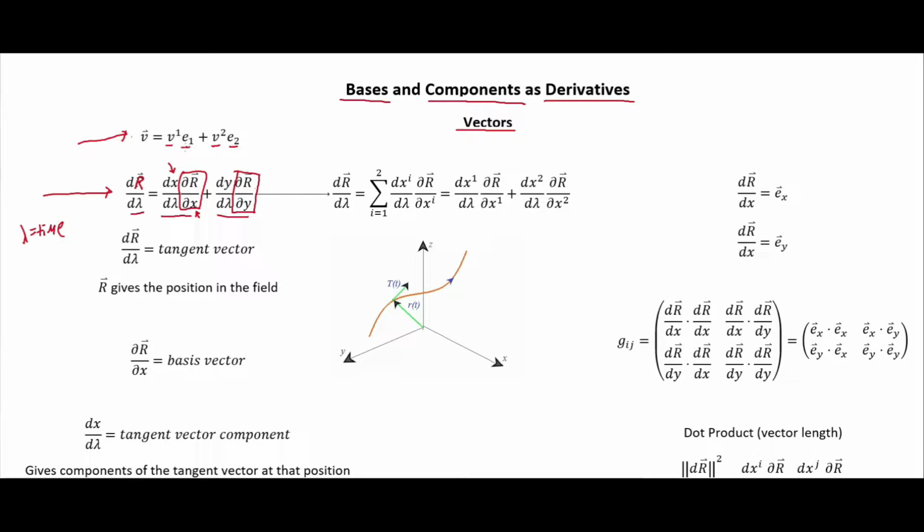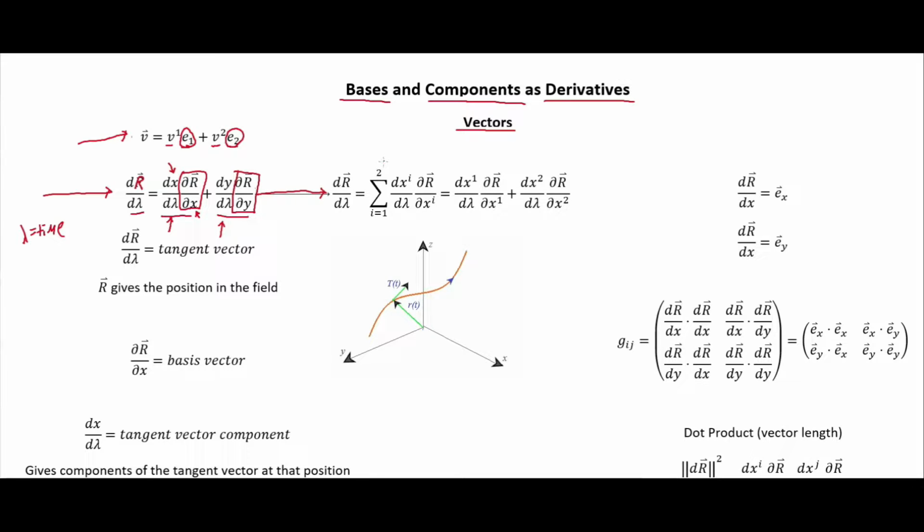Those can be considered like the basis vectors, and I will show in a little bit how we can think about that geometrically as basis vectors. And then the dx d lambda and the dy d lambda can be thought of as components. And so I have this arrow going over here.